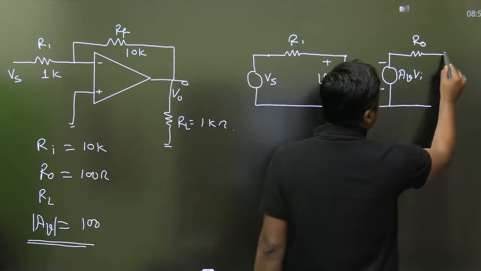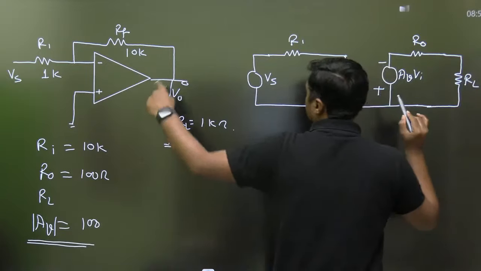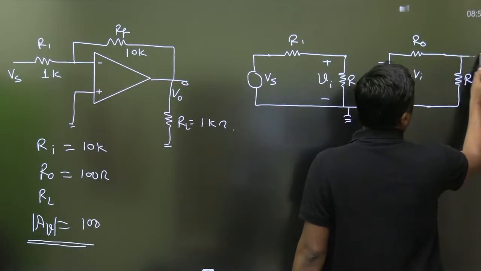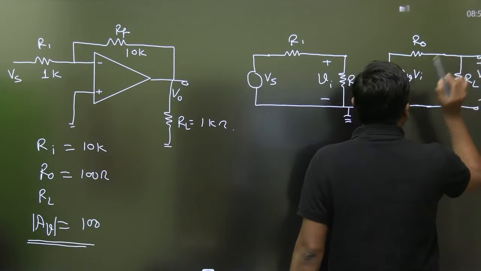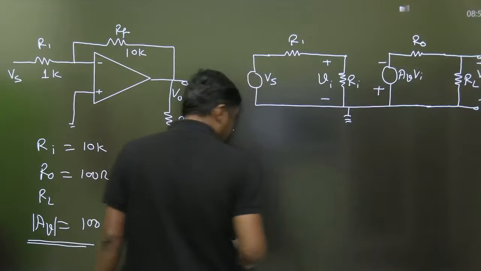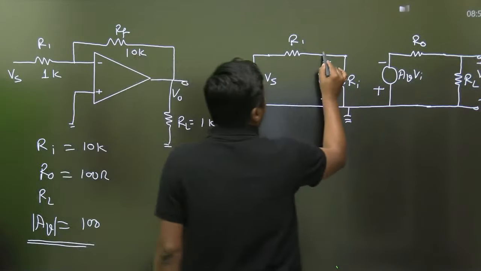Now here RL is connected, from the output. We are taking the output here. Now one extra resistance is connected here. What is this? RF, from this point to that point.